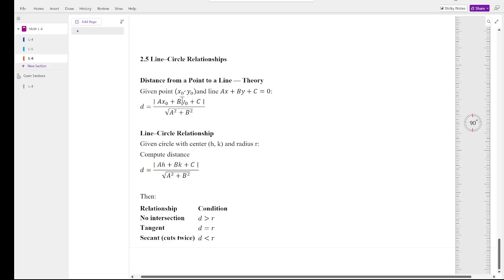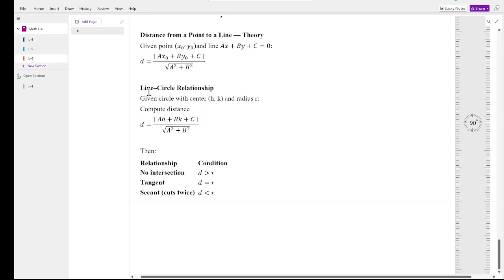If a point is (x naught, y naught), and the line is ax plus by plus c equals 0, what is the distance? Distance is modulus of a x naught plus b y naught plus c, over root over a square plus b square.